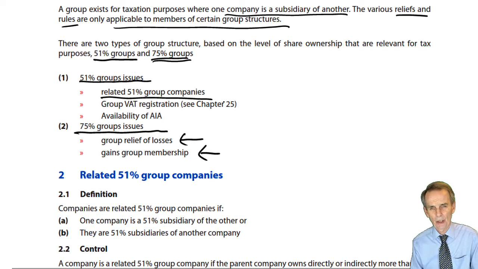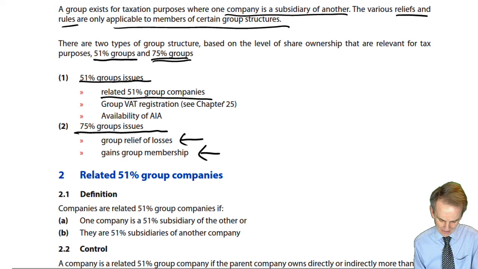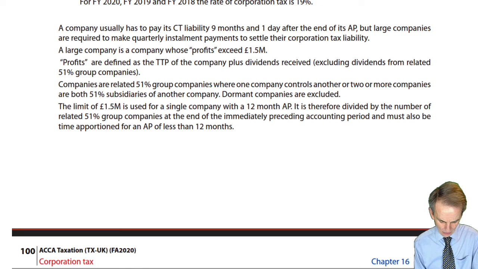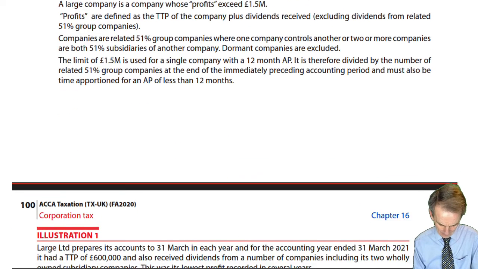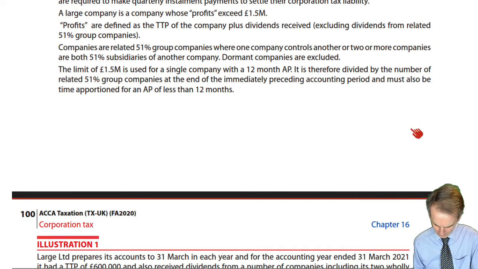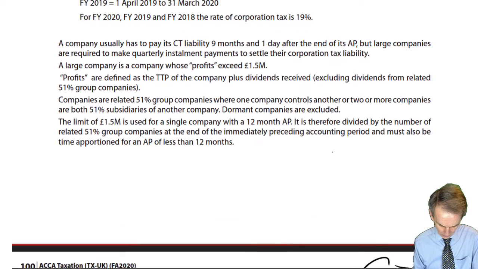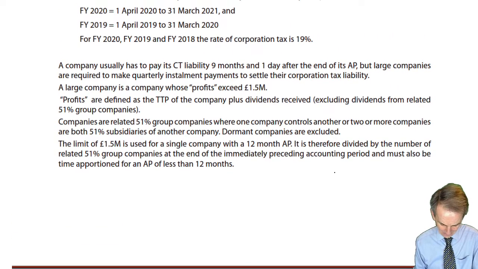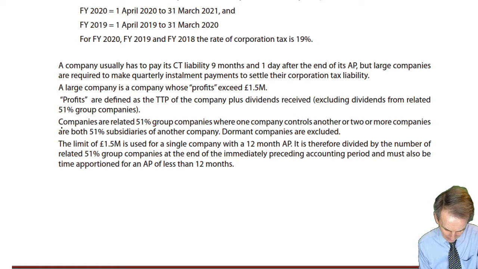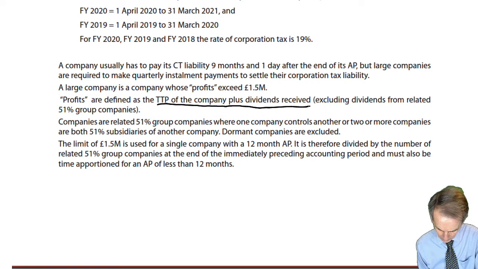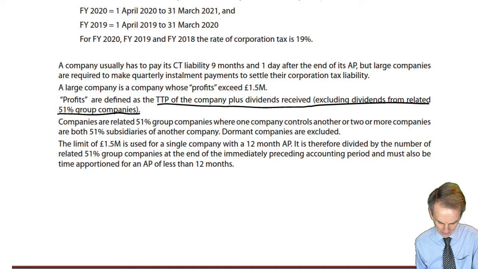We've seen this before. Where have we seen it before, I hear you ask? Well, here, back in chapter 16, to be precise, towards the bottom of page 99, we had that profits are defined as the TTP of the company plus dividends received, excluding dividends received from related 51% group companies.